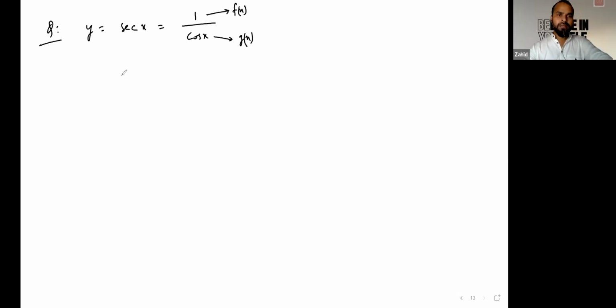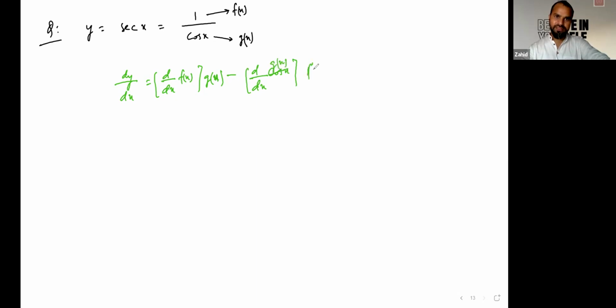Okay. Let me solve. We have fx as 1 and gx as cos x. So dy/dx would be the differentiation of fx multiplied by gx, minus the differentiation of the denominator multiplied by the numerator, gx and fx, whole divided by the square of the denominator.